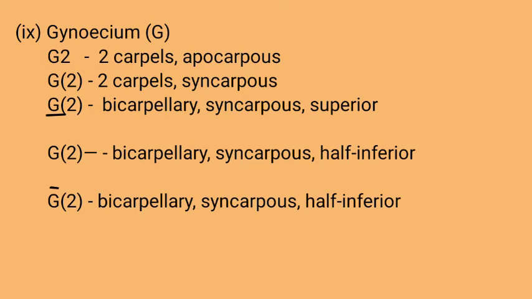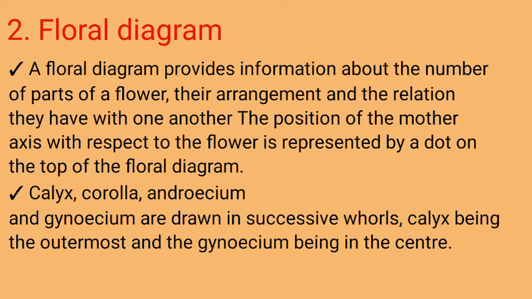styles and stigma. The second topic under the semi-technical description of a flowering plant is the floral diagram. A floral diagram provides information about the number of parts of a flower, their arrangement, and the relation they have with one another. The position of the mother axis with respect to the flower is represented by a dot on the top of the floral diagram.